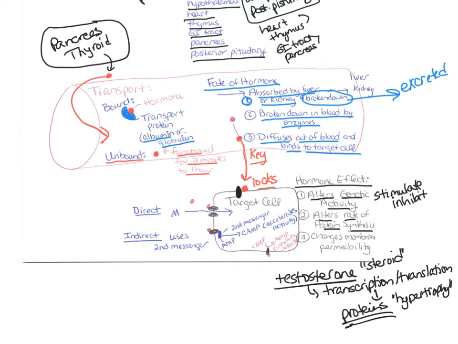Another thing that might happen is that the hormone, once it binds to its receptor, could change the membrane's permeability to another molecule. So let's take for an example the hormone insulin.